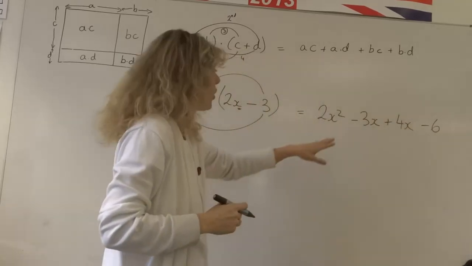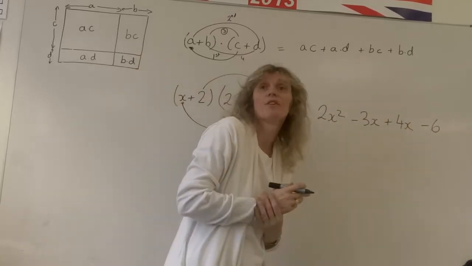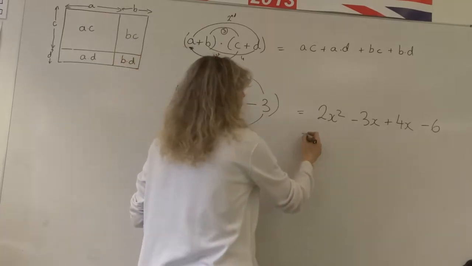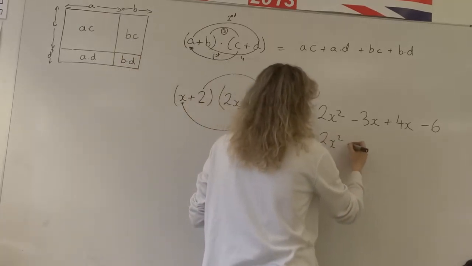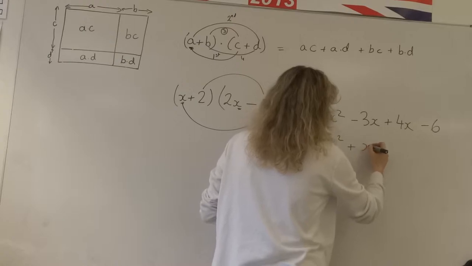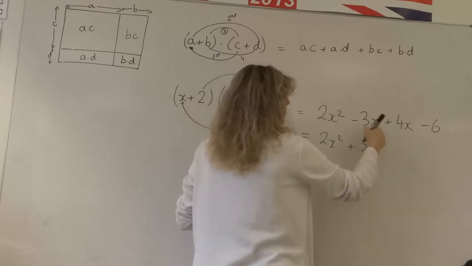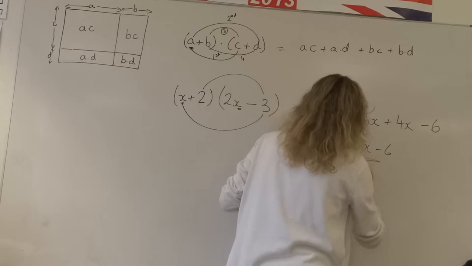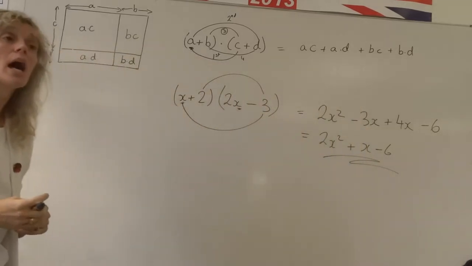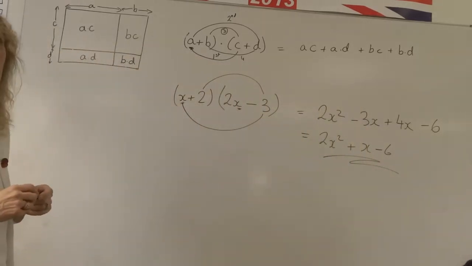Are we finished? No, there's an x here and there's an x here, so I have to finish off by simplifying them. So my equation is 2x squared plus 1x, 4x minus 3x is 1x, minus 6. And we're done. And you get quite a lot of this type of equation to do.